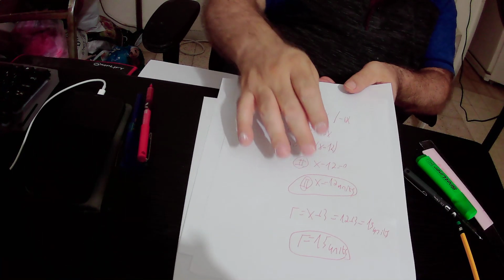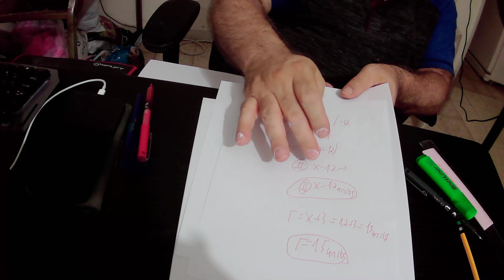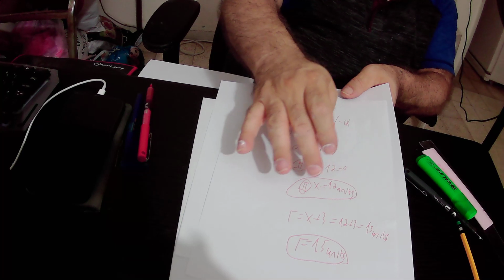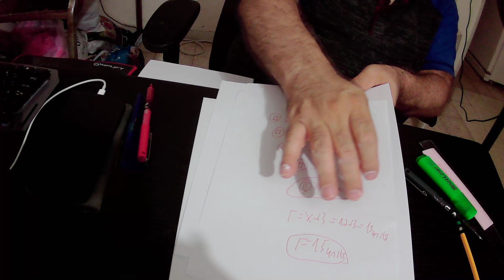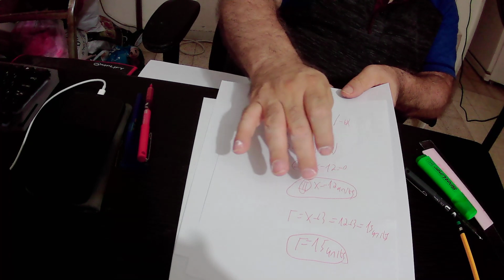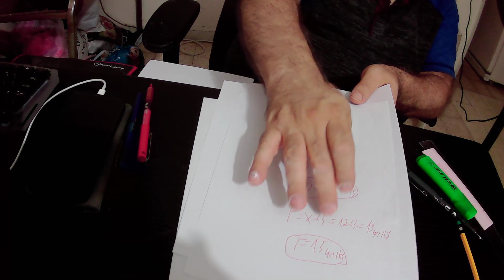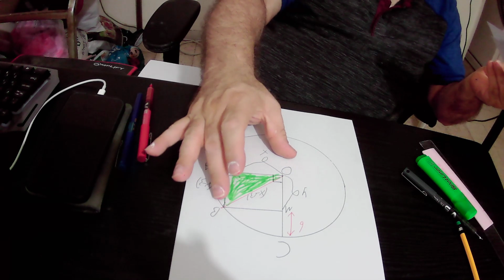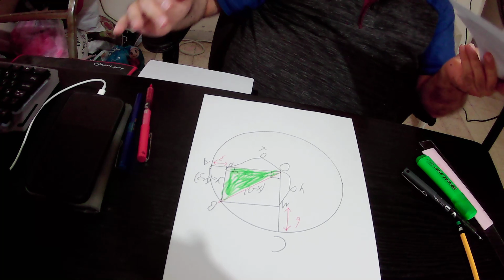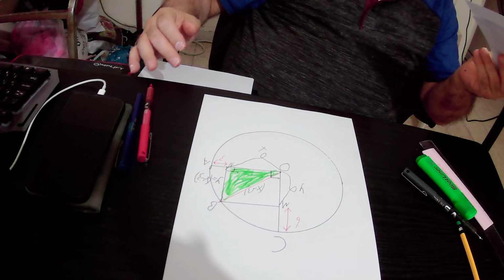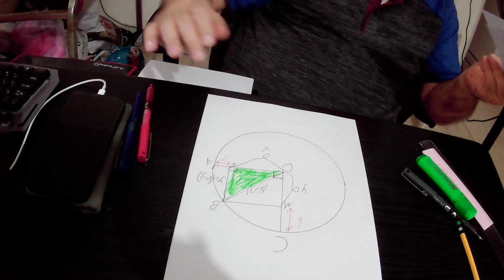So in total the radius of the circle equals x, that is 12 units, plus 3. So the radius of this circle equals 15 units. That is our final answer to the question. The radius of this circle equals 15 units.